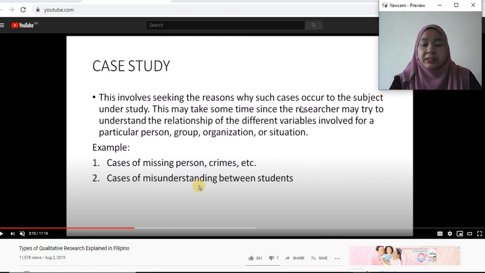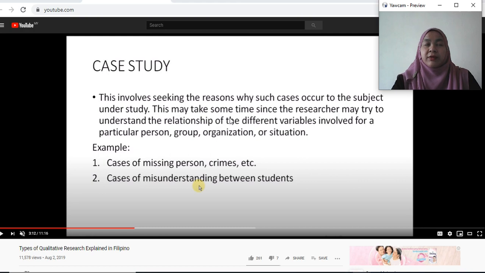This may take some time since the researcher may try to understand the relationship of the different variables involved for a particular person, group, organization, or situation. For example, a case of a missing person, or a crime, etc. And also an example, a case of misunderstanding between students.